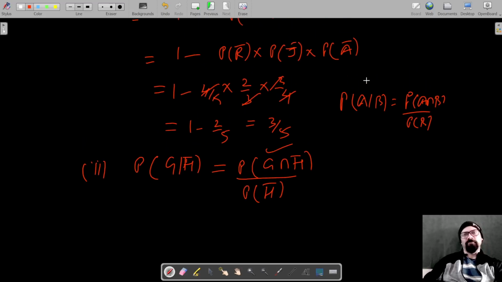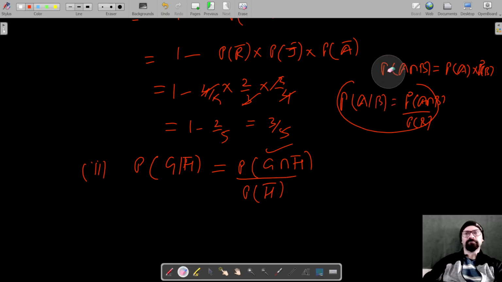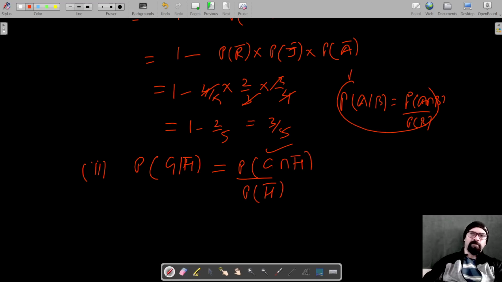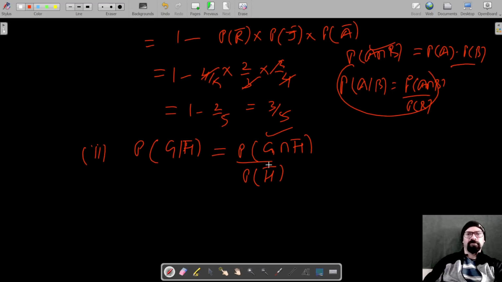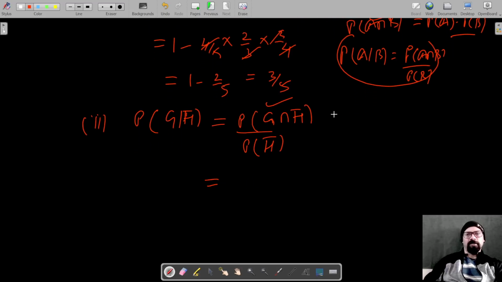Because these are independent events, and for independent events, probability of A intersection B is equal to probability of A into probability of B. It's given that all these are independent events.